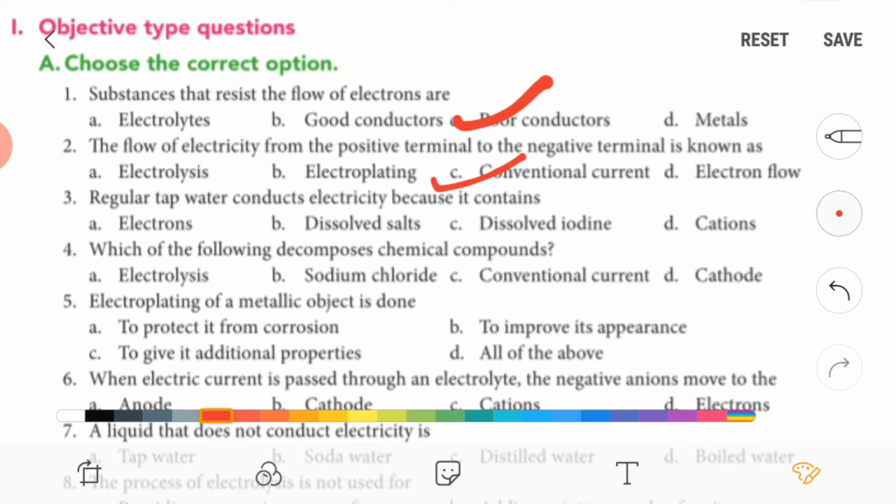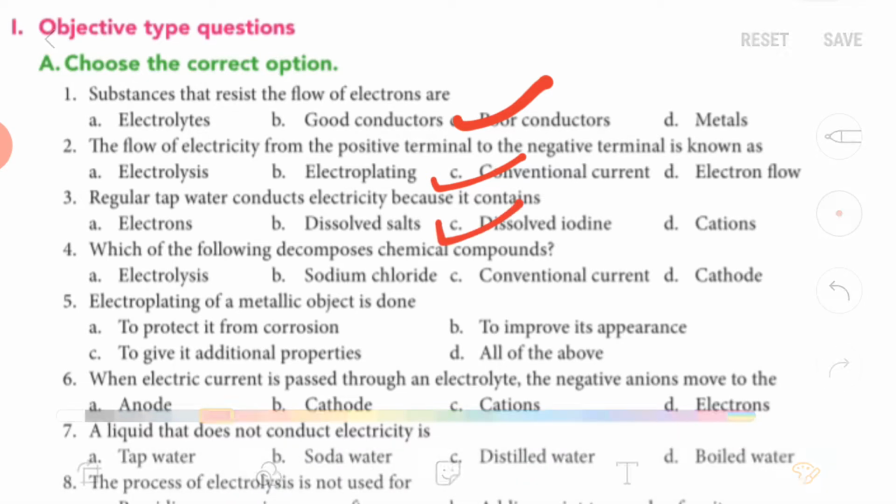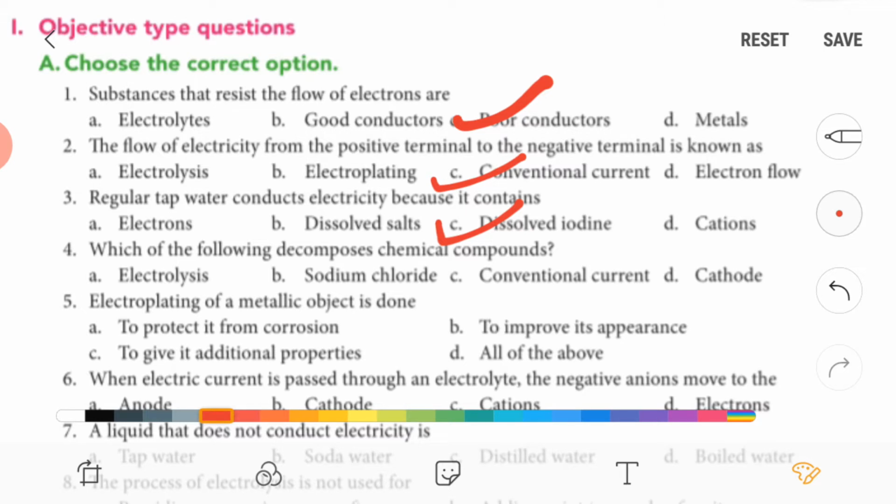Third one, regular tap water conducts electricity because it contains dissolved salt. Answer is C. Students, please do it with me in your textbook.